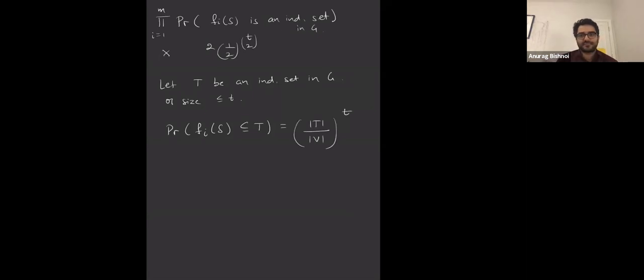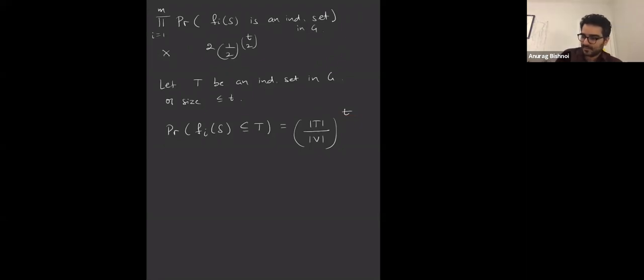This is the number of vertices of the graph, and each element of S has the probability of being mapped to one of the elements of T. So this is the probability that it gets mapped inside T, and it's a uniform map. So you do this, right?